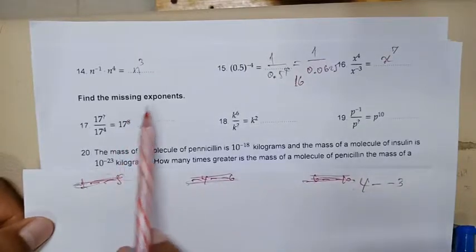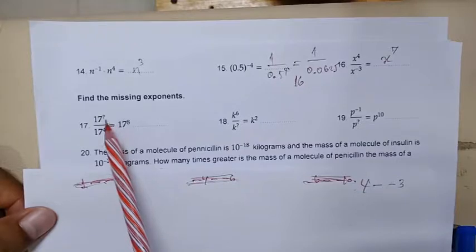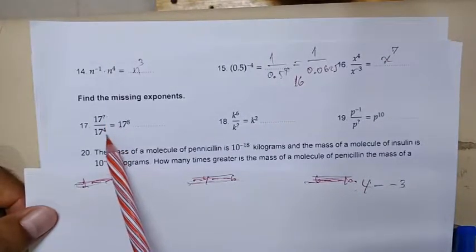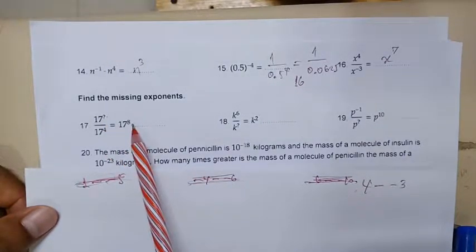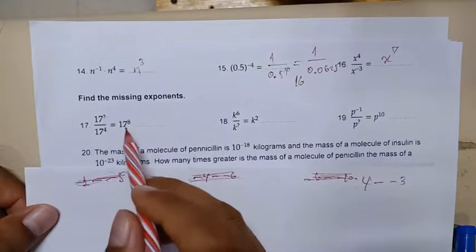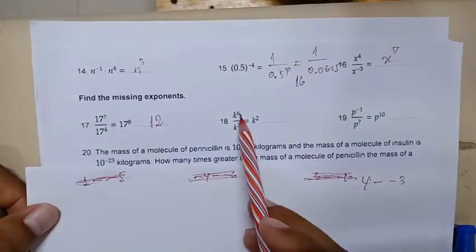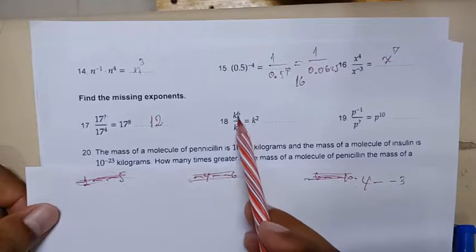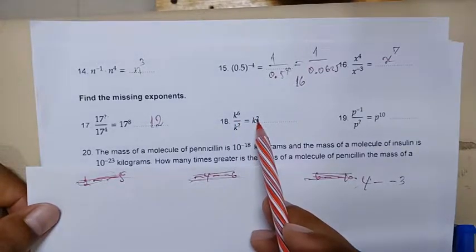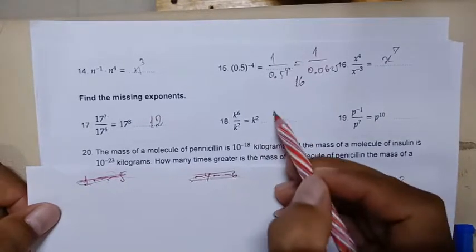Okay, this number, find the missing exponent. This is division, so which means you minus. So what number minus 4 equal to 8? With your plus number together, you have 12. 6 minus what number equal to 2? 6 minus 4.